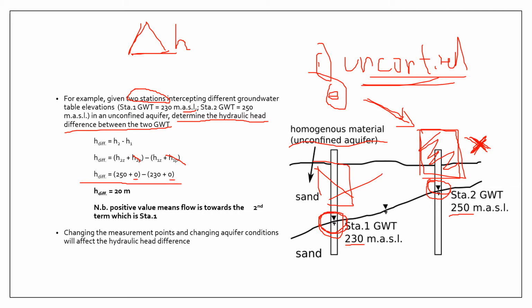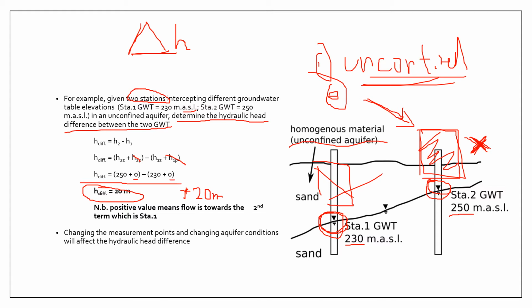So we are only concerned about the hydraulic head due to elevation, and that brings us to a hydraulic head difference equal to 215 minus 230, and we get a hydraulic head difference of 20 meters.